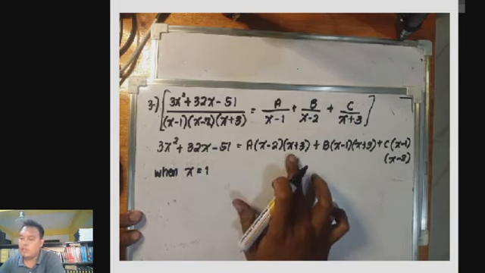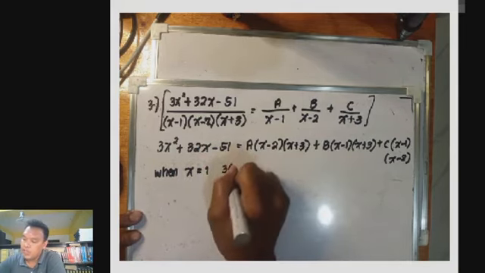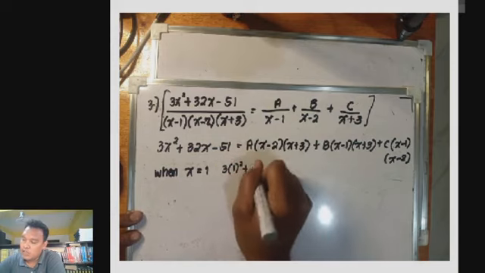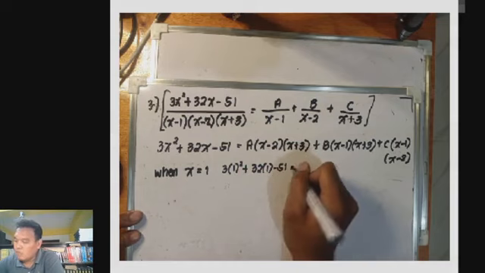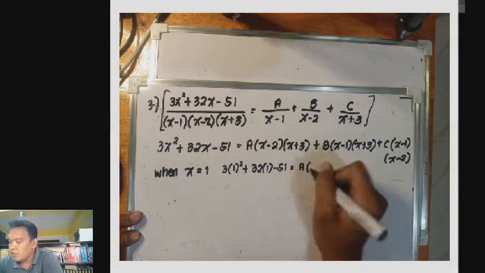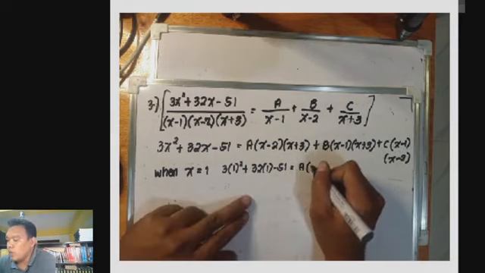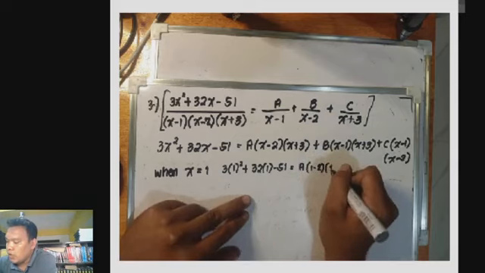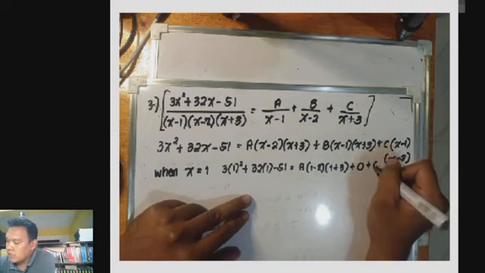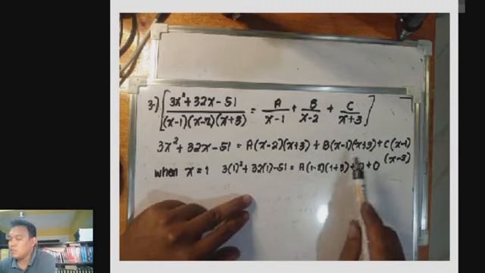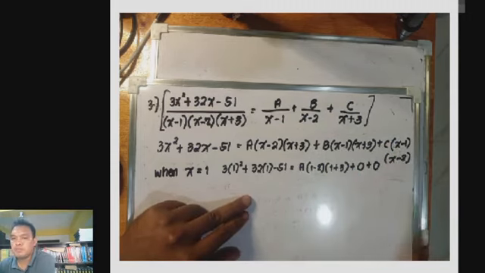Okay? So, we have 3 times 1 squared plus 32 times 1 minus 51 is equivalent to a times 1 minus 2, 1 minus 2 times 1 plus 3, plus 0, which is the term with c. Because the factor is 0 right away.